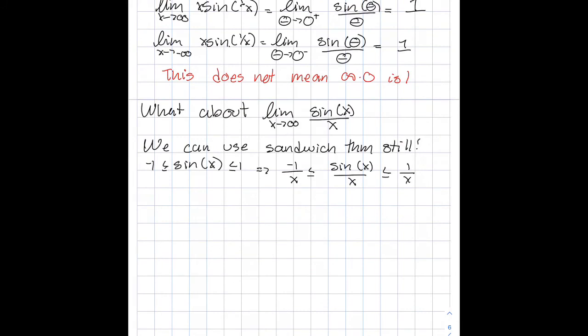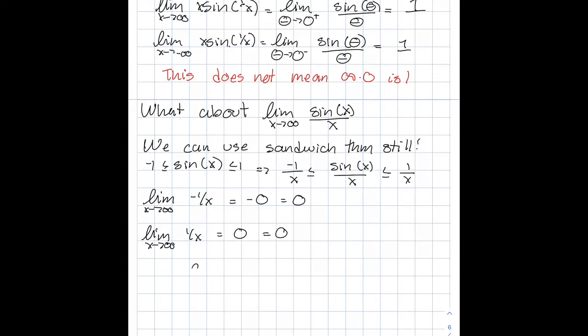So let's take the limits of our bread. The limit as x goes to infinity of negative 1 over x is just going to be negative 0, which is 0. And the limit as x goes to infinity of 1 over x, we know that's 0 and 0.